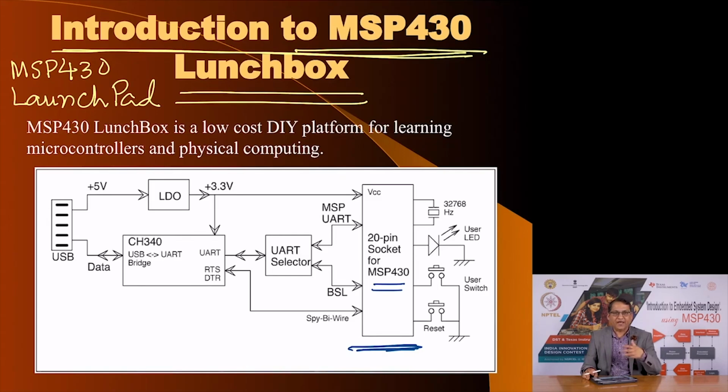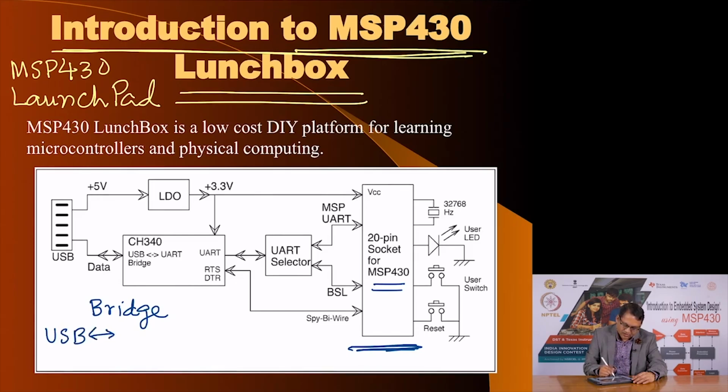So, you have to have a mechanism by which the USB signals from the desktop or laptop computer could be translated and converted into UART, and such a device which converts from one protocol into another is called a bridge. A bridge is simply a mechanism to go from one side of the river to the other side. Likewise, we need a device which is a USB to UART bridge.